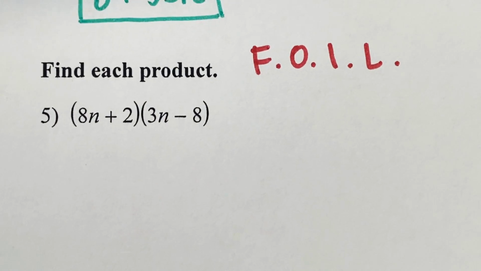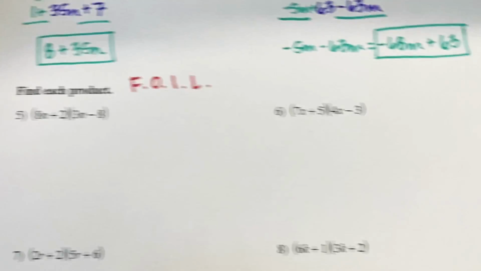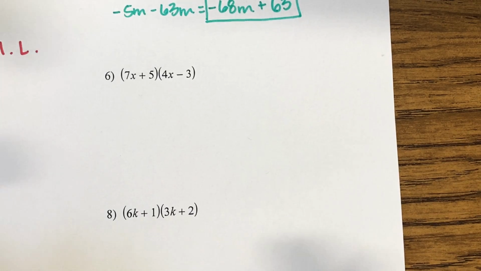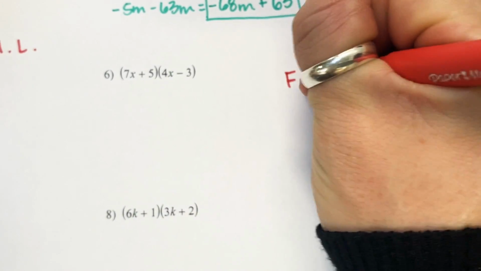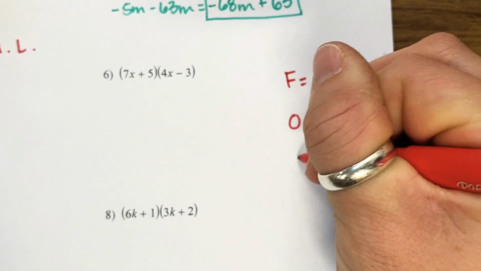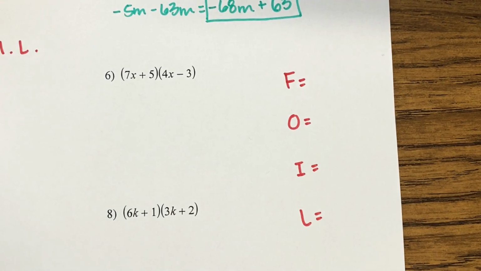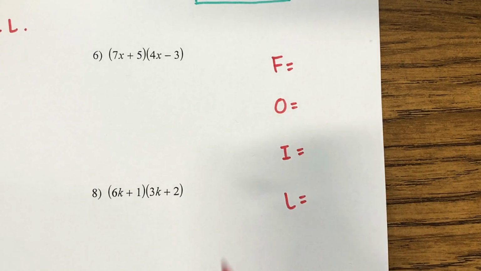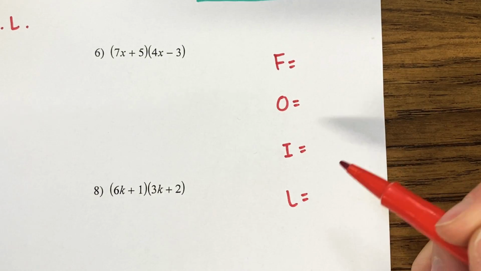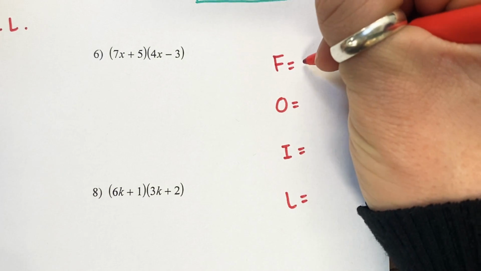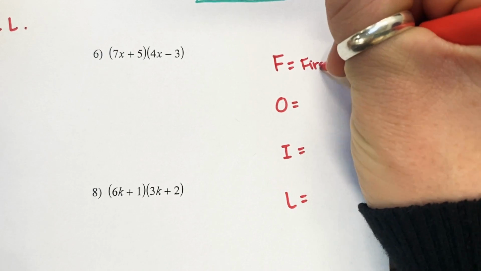On the side of our paper, let's go ahead and write what these stand for. Over here, let's do FOIL. This is how we're going to find each product. F stands for first.